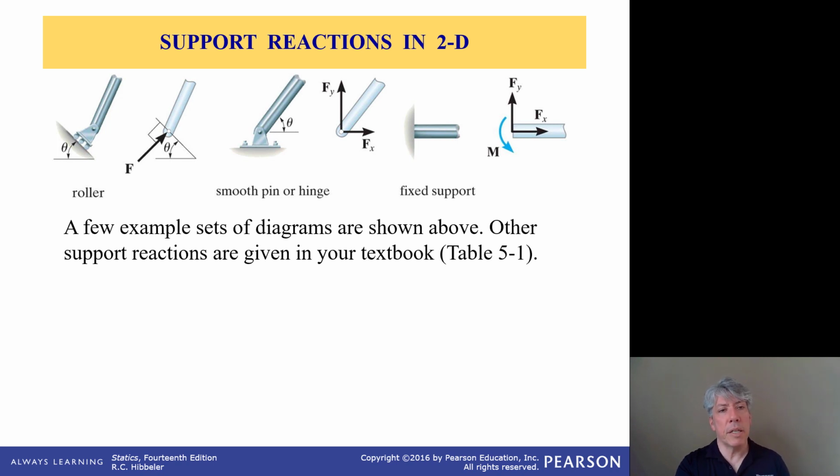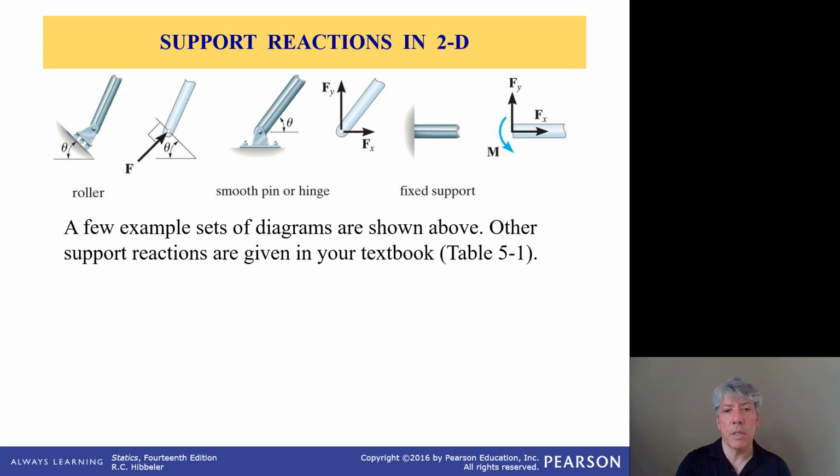The interesting thing about this is that force can only be applied in one direction, because think about it. These wheels are going to roll up and down the incline. They can't include any force up and down the incline. Therefore, that entire assembly that has wheels cannot apply force parallel to the ramp. Rather, all force from the ramp has to be normal to the ramp itself. And that's why it's drawn that way.